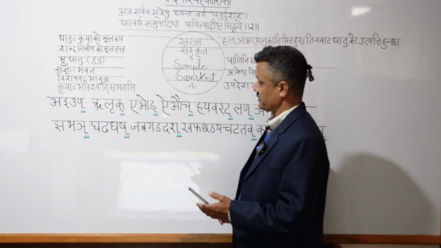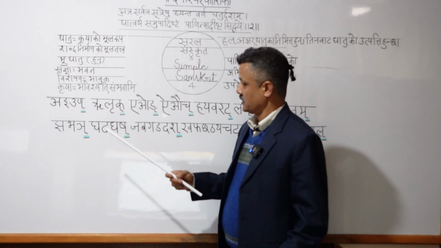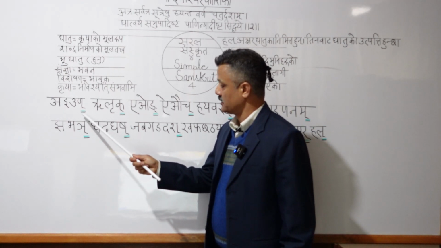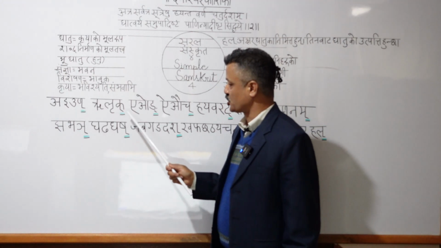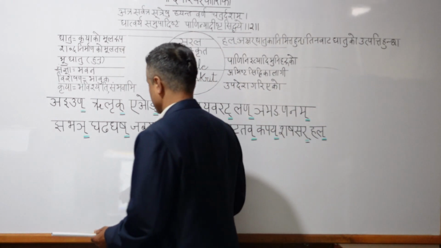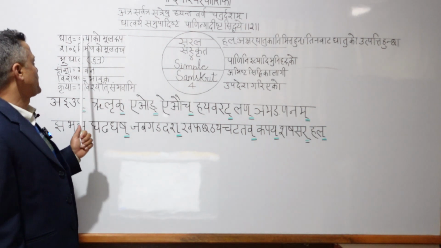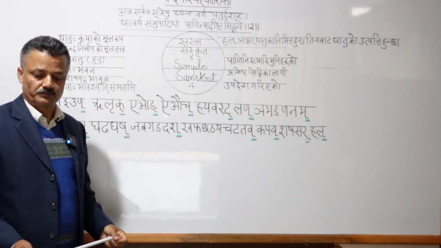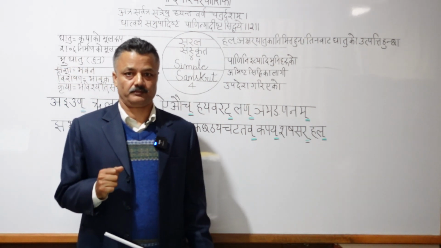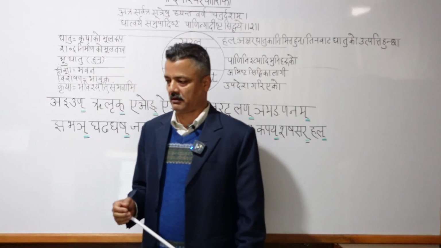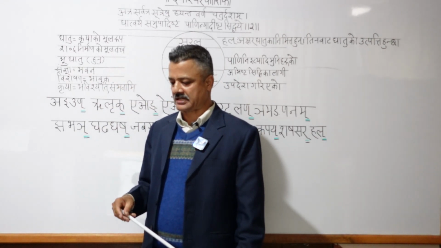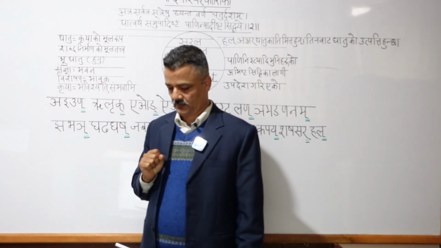Now here we read that they have another purpose. These hal letters that come at the end of each group, what is their purpose? Their purpose is to form something called dhatu, root.